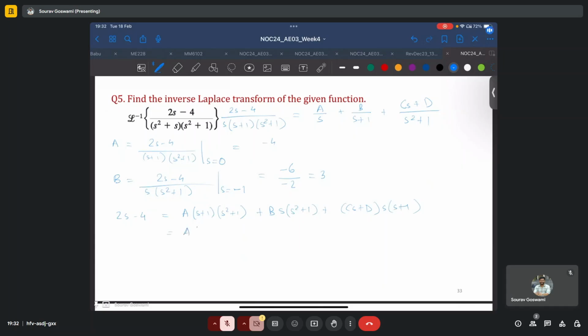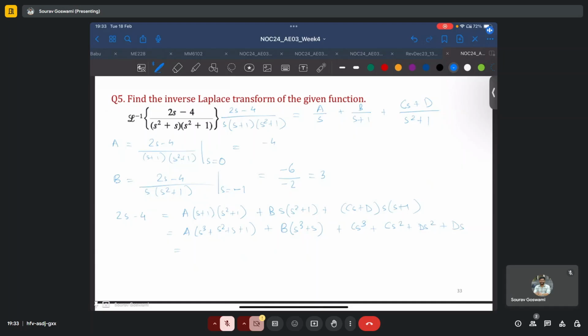This will become A times (s cube plus s square plus s plus 1) plus B times (s cube plus s) plus cs cube plus cs square plus ds square plus ds.